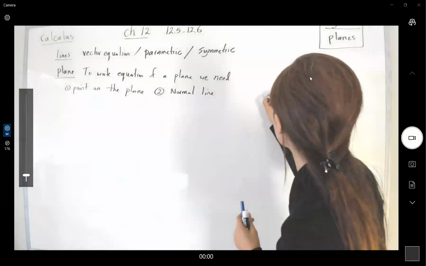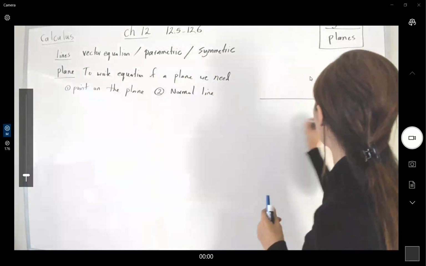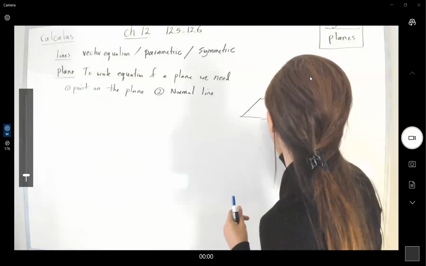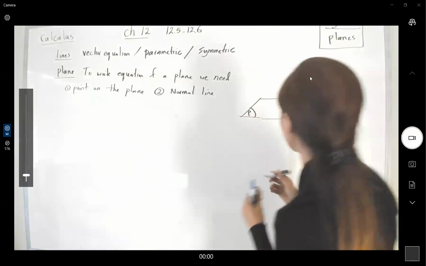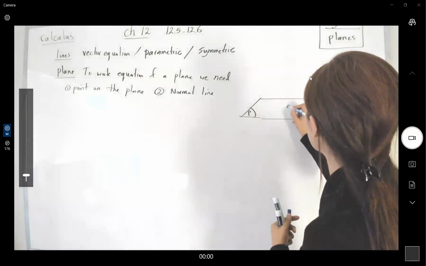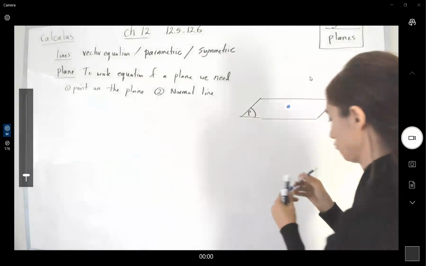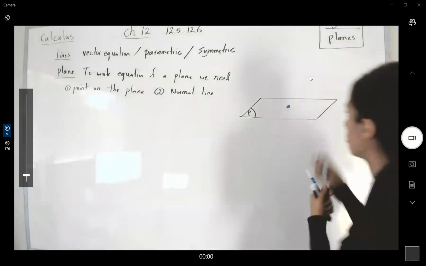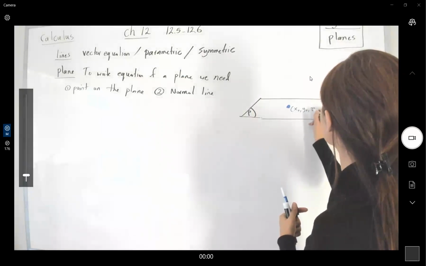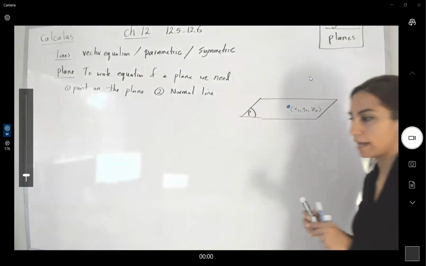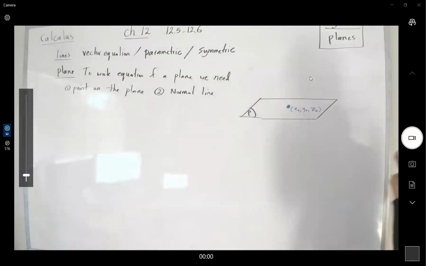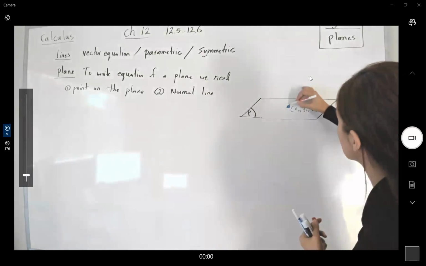So if we have a point on the plane, suppose this is our plane here, you have a point on that plane. Suppose this is point x sub 0, y sub 0, and z sub 0. And you also have your normal line, normal to the plane.